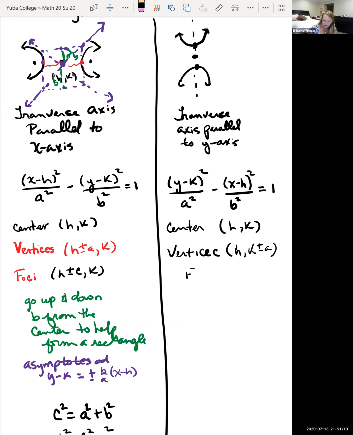Foci is on the transverse axis. Our x value stays the same, so it's h, and then we're going to do the y value of the center plus or minus our c value.